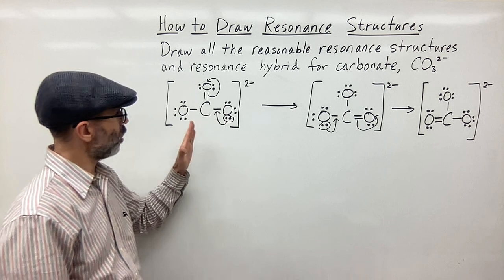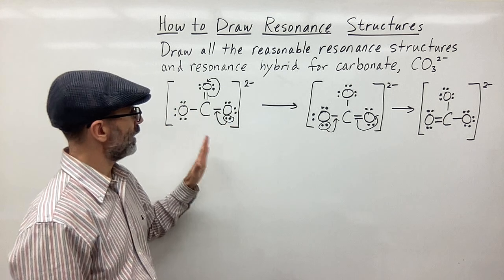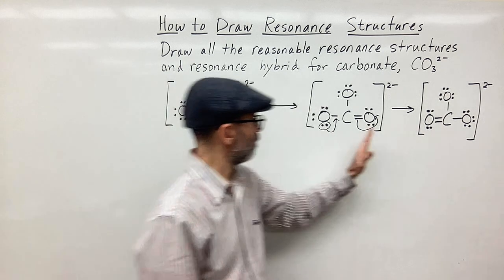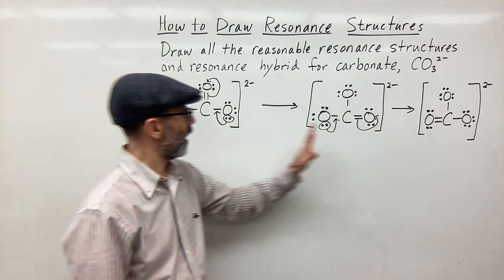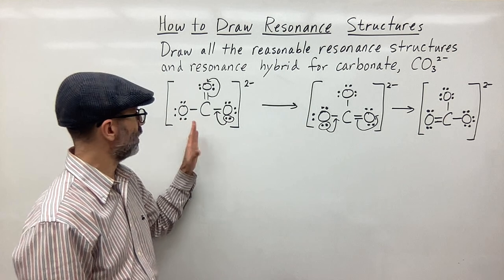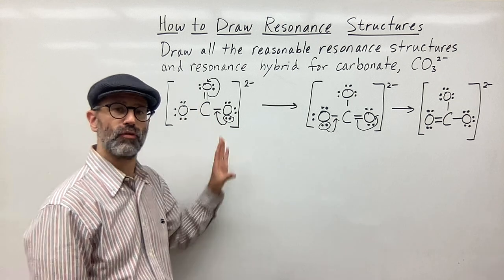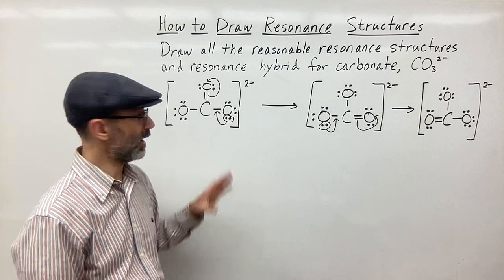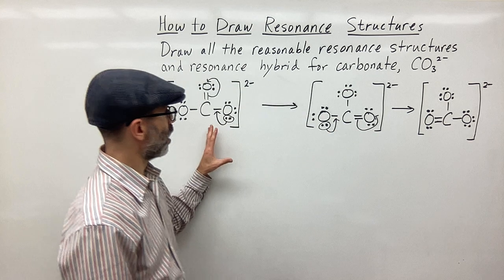We call these resonance structures because it looks as if you can go back and forth between these. So anytime you have structures that are similar where you can move electrons around and move the double bond around, or move a triple bond around or anything like that, you have resonance structures that are possible.